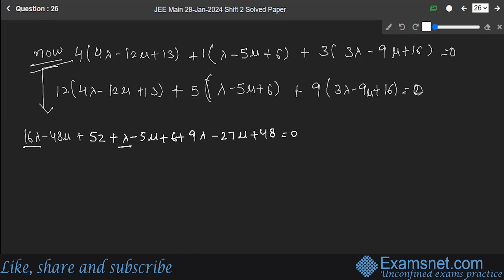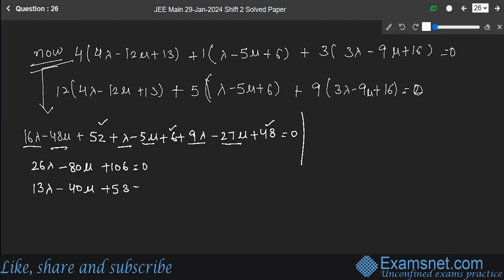It will give me 26 lambda minus 80 mu, and 52 plus 6 plus 48, that's 106, is equal to 0. Let's solve this further. This is 13 lambda minus 40 mu plus 53 is equal to 0.